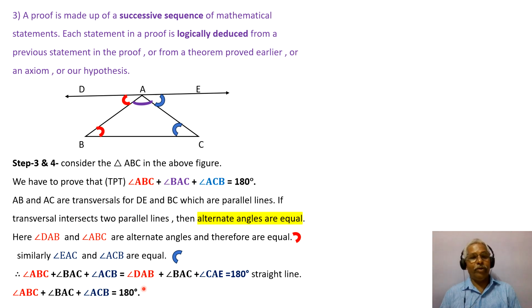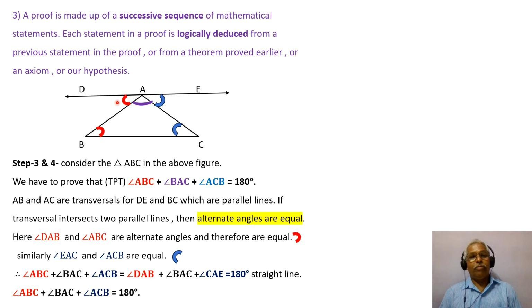Now, interesting point. So therefore, angle ABC, this red one, plus BAC, this one, plus ACB is equal to, taking this and this is equal to this, DAB plus this common one BAC plus CAE.